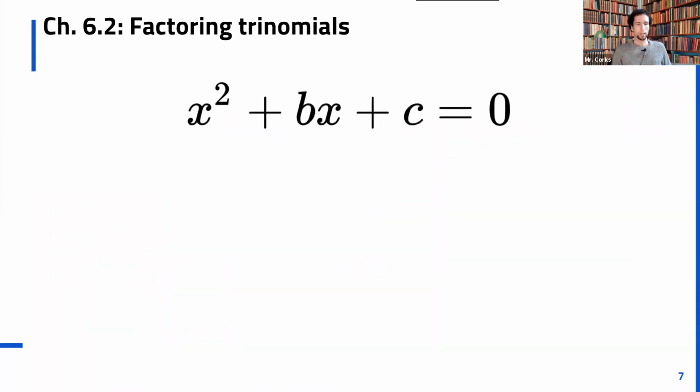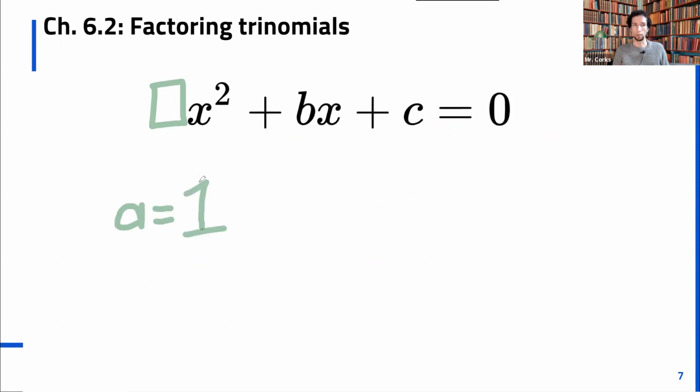Okay, so we'll start with this kind of thing, and let's just say we don't have a coefficient here, or we do, but it's just 1. That makes things a lot easier. And then again, we'll get back to seeing what we could do if we do have a coefficient, but it will make more sense if we don't start there.